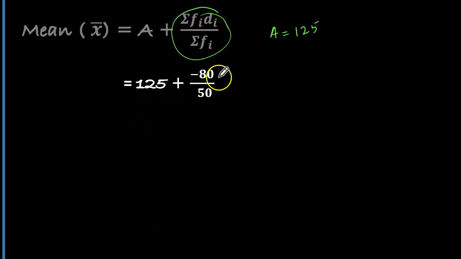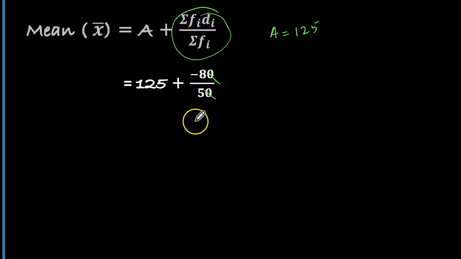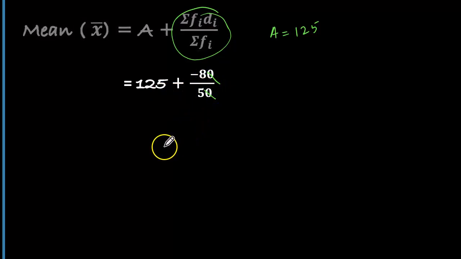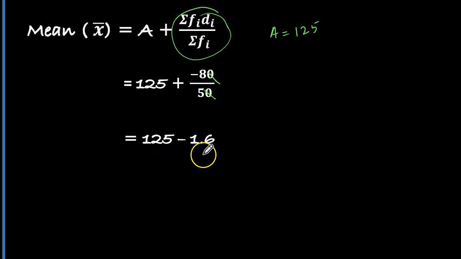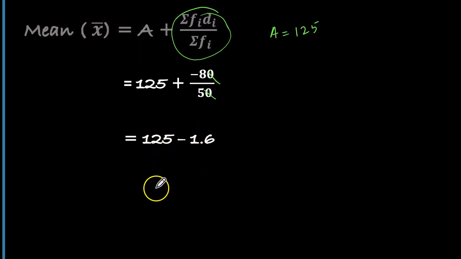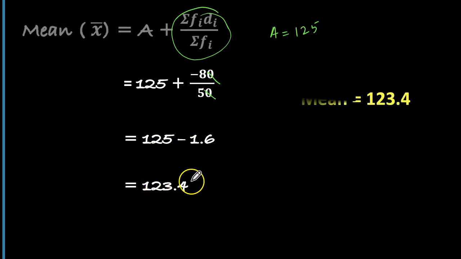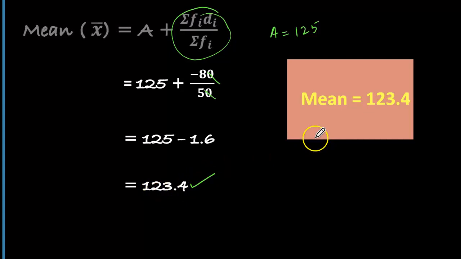That is 125 plus minus 80 by 50. The 0 and 0 will get cancelled. Minus 8 by 5, so we get minus 1.6. So 125 minus 1.6, the result is 123.4. So the mean is 123.4.